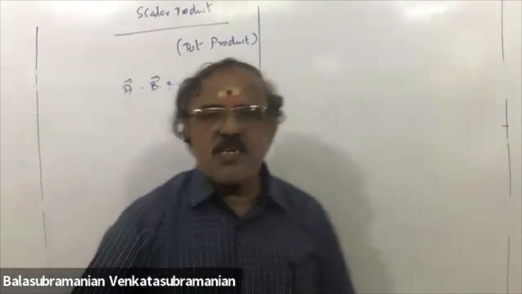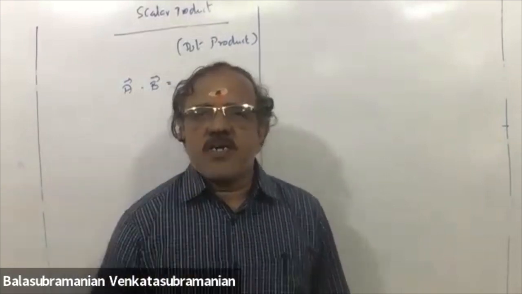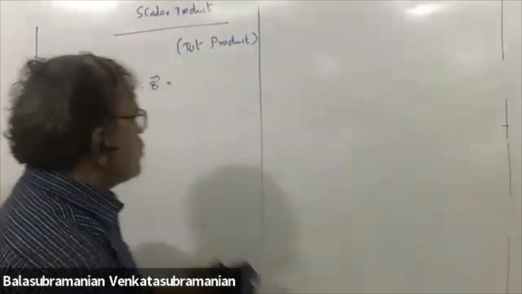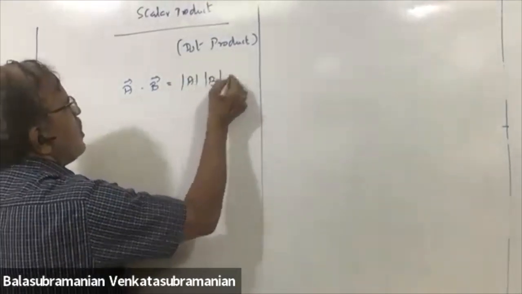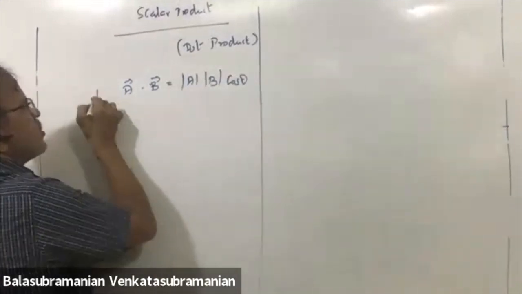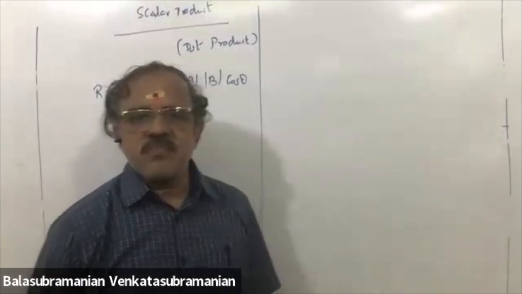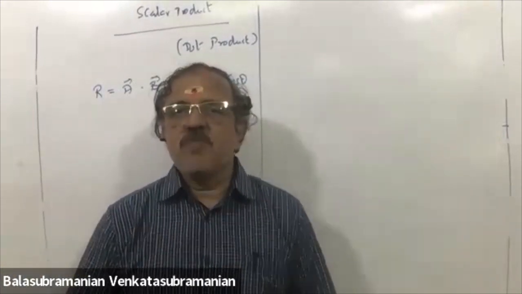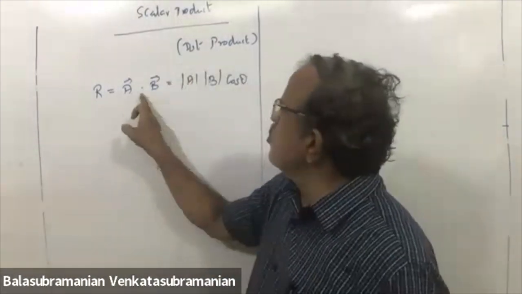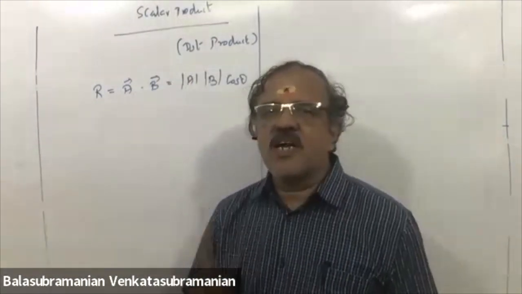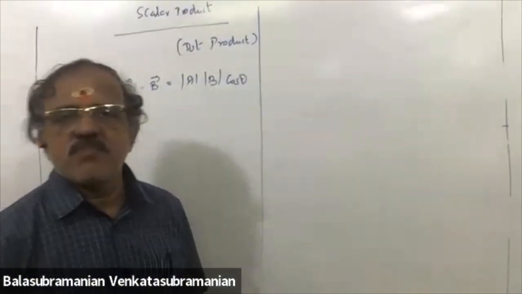You can take this as scalar product or dot product. The resultant is modulus of A, modulus of B cos theta. So resultant R is a scalar. Even though you are multiplying two vectors in a scalar product, the resultant is a scalar quantity. It is not a vector.